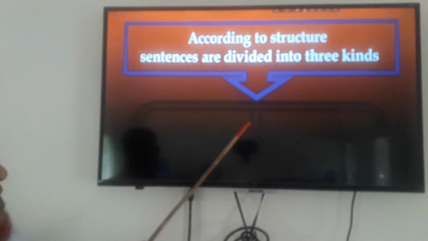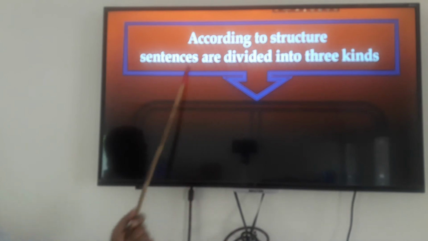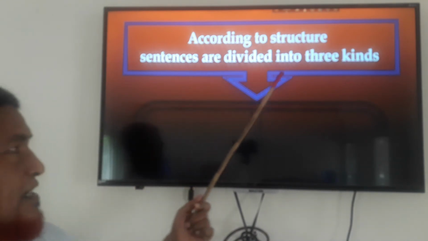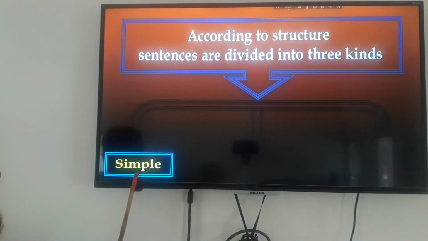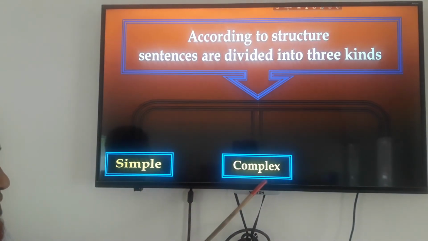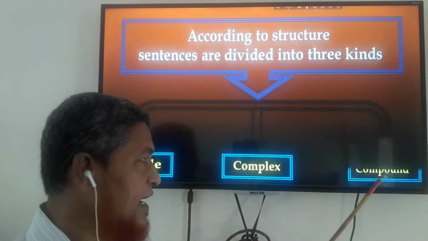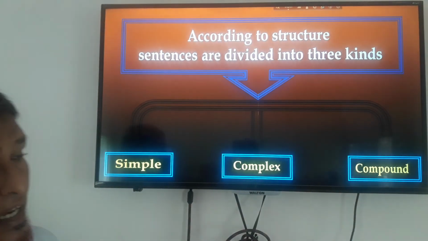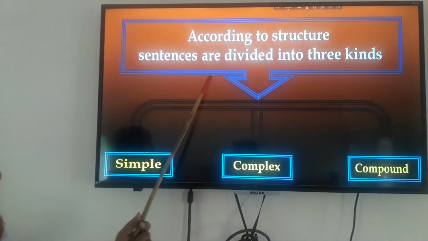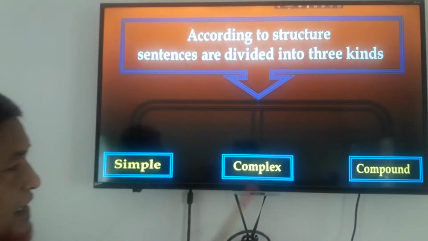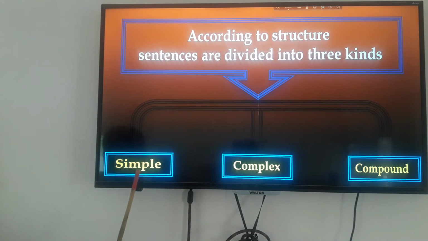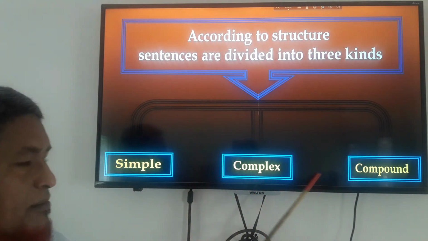According to structure, sentences are divided into three kinds: simple, complex, and compound.